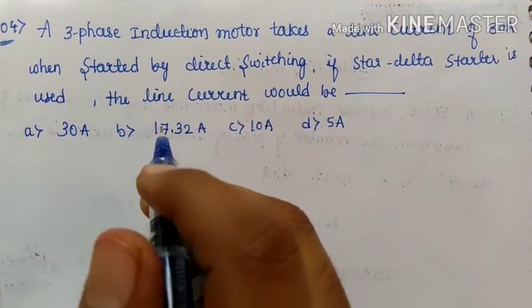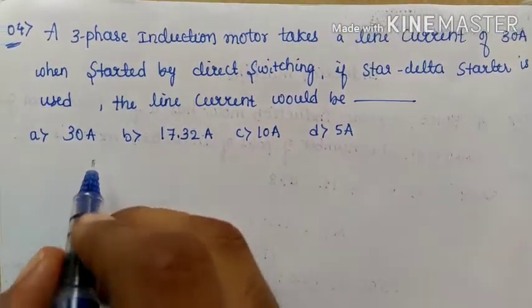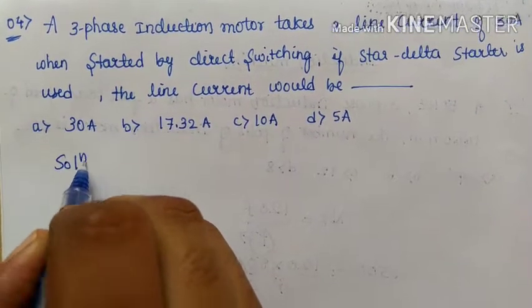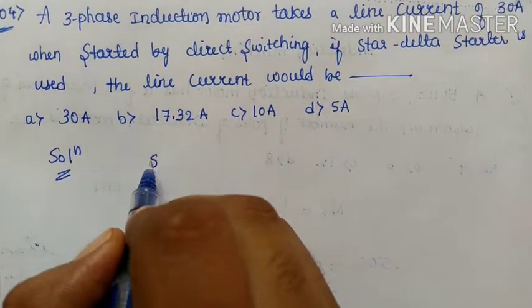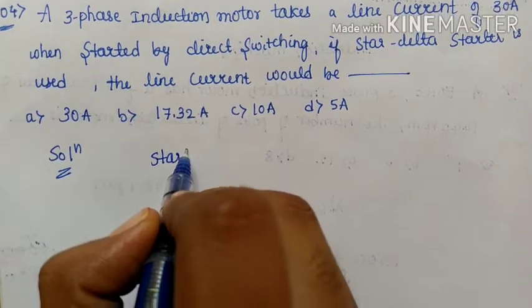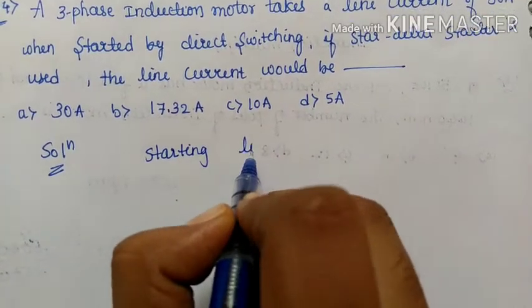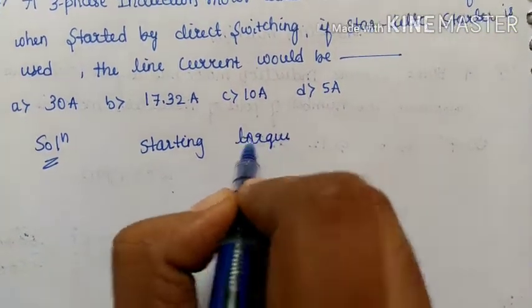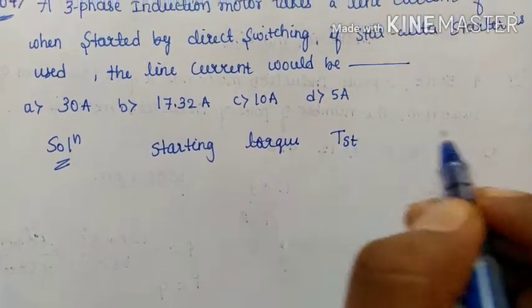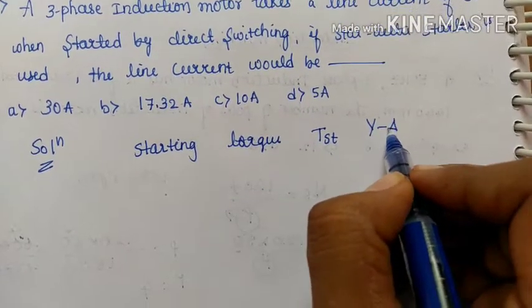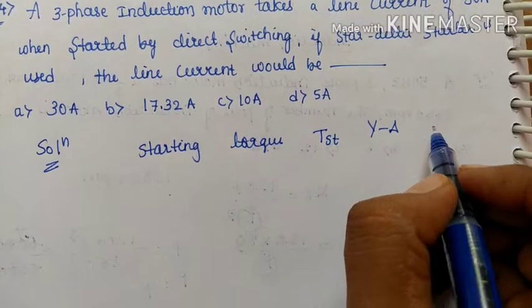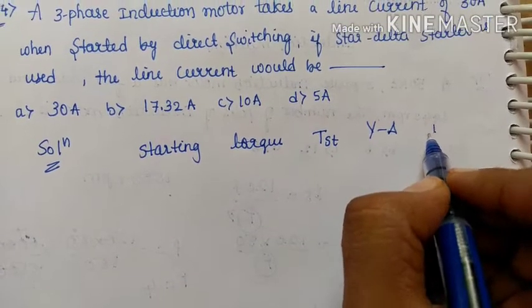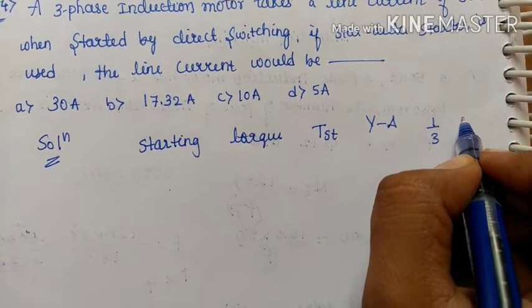Let's solve this. We know that the starting torque in a star delta starter is reduced to 1/3 of its full load torque.